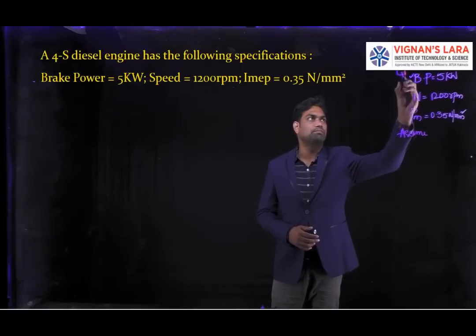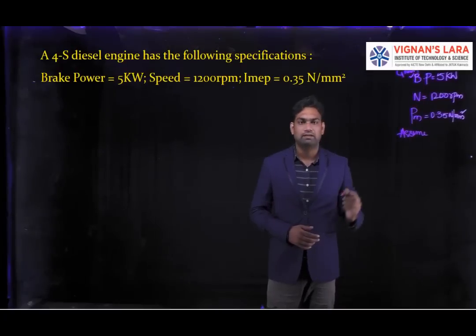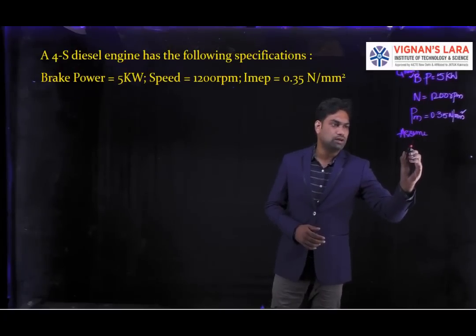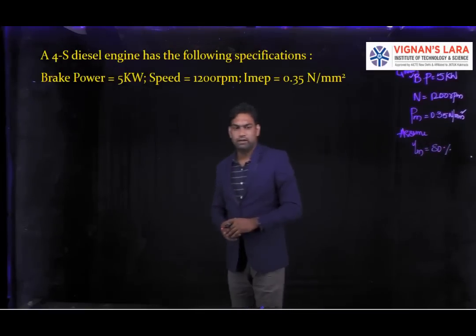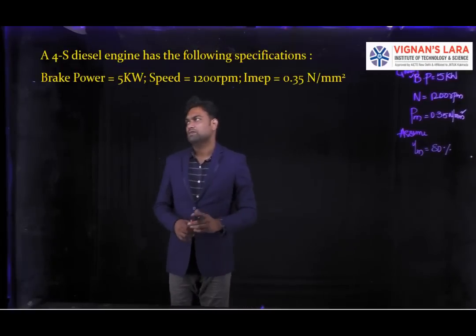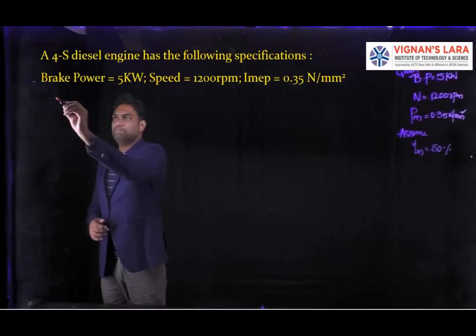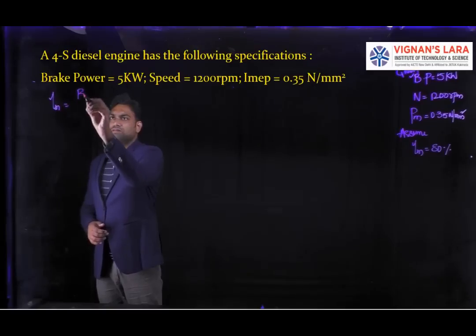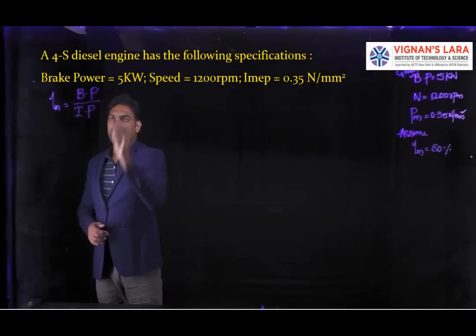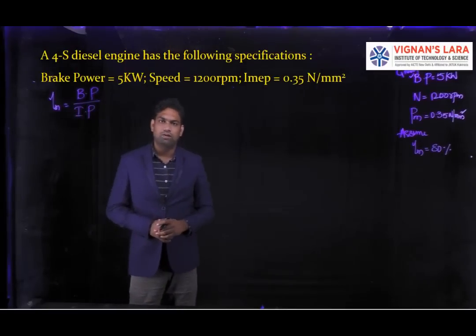So we assume the mechanical efficiency as 80%, that is 0.8. Clear? Now we need to calculate the indicated power. Mechanical efficiency equals BP by IP.